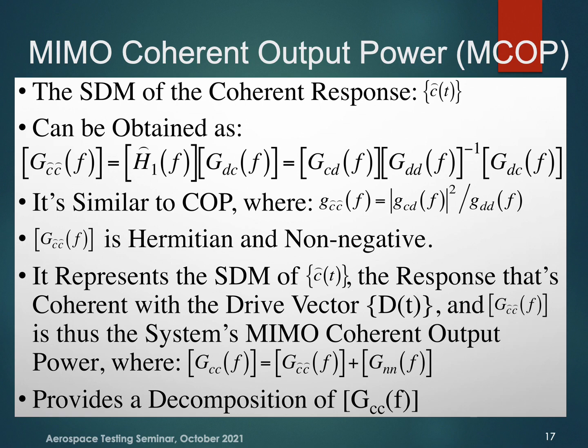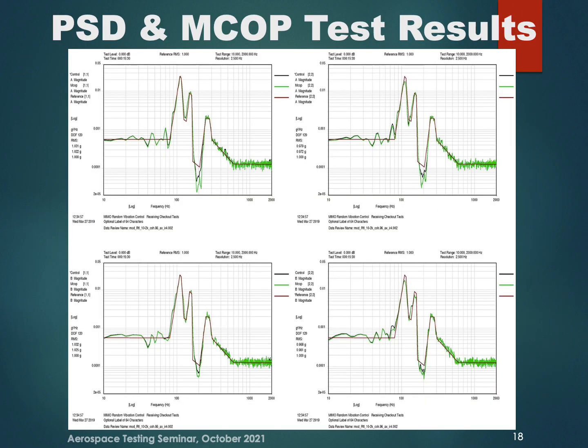It also decomposes GCC, the control response, as shown there, as a coherent component and a non-coherent spectral density component. And this means that the coherent MCOP will always be less than or equal to the measured PSDs of the control. Now here's where I show a comparison between the PSD of Y1 and Y2 to their respective MCOPs.